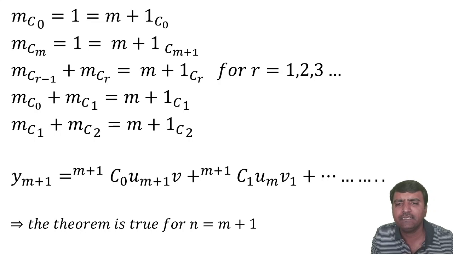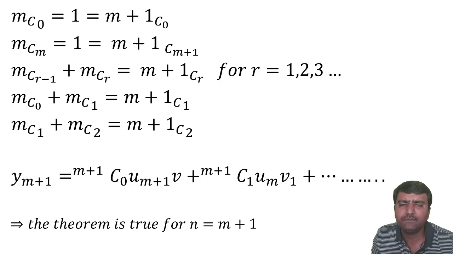So the final term is (m+1)C(m+1), and that last term is u into v_(m+1). Okay, so that means the result is true for n is equal to m plus 1. So this is the proof of Leibniz theorem. So by using this we can find the nth differentiation of the product of two functions.